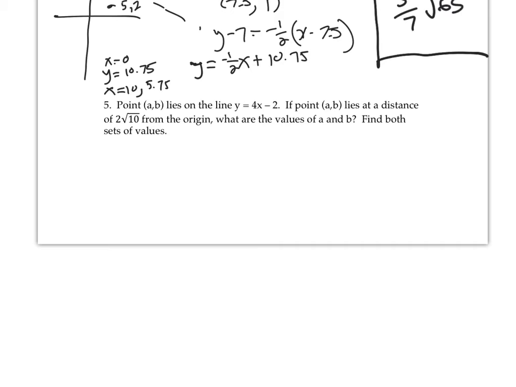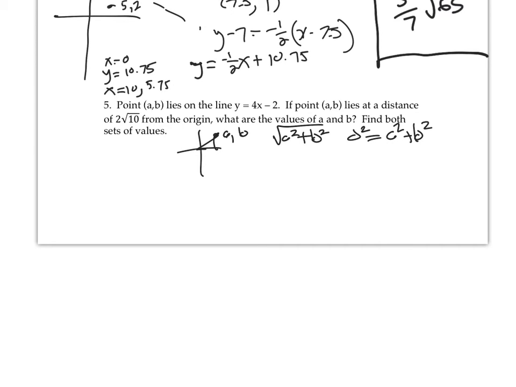Okay, so what we know is that if we think about (A, B), the distance of that point from the origin is just the square root of A squared plus B squared, or we could say the distance squared equals A squared plus B squared.